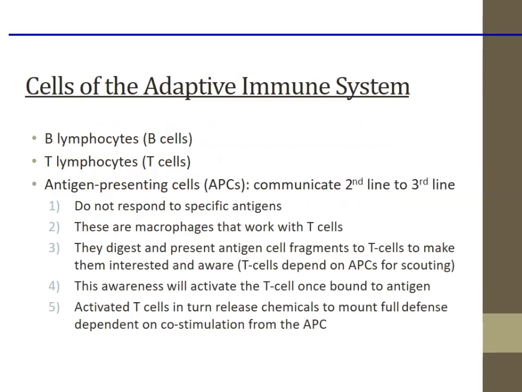So remember that an APC can be your regular old macrophage that, instead of just ingesting the pathogen, will ingest it and then take a piece of that pathogen and bring it up to the cell membrane for viewing, right? It's like taking a criminal to the jail in a sense, and then putting them in a bay window so everyone in town can see the criminal, and then he can get stoned or something.